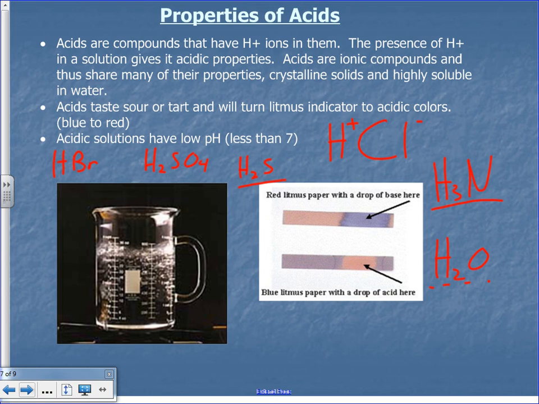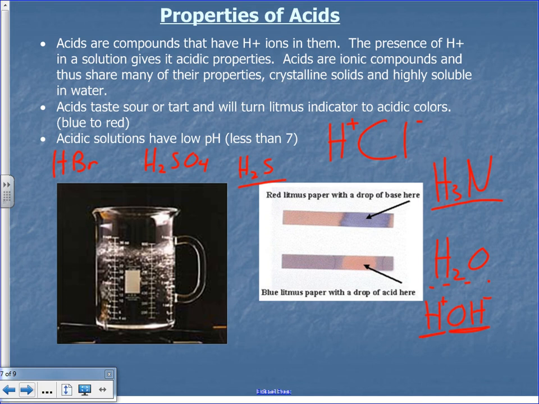The reason we say that water is neutral is because we can write water like this: HOH. So there's, yes, a hydrogen, but there's also a hydroxide. This is the thing that makes things acidic, and this is the thing that makes things basic. Water has both, and they cancel each other out. That's why water's neutral.